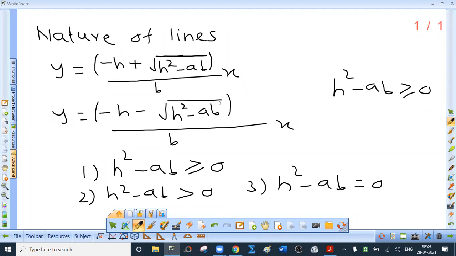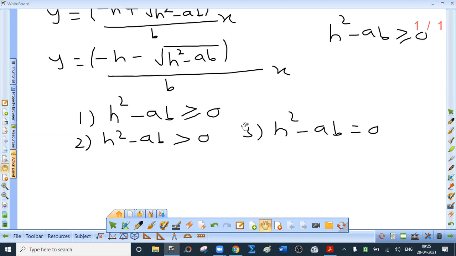Lines will be real and coincident if h square minus ab equal to 0. Because in that case, what will be the first line? If this part is 0, first line will be y equal to minus hx upon b. What will be the second line? Same, y equal to minus hx upon b. That is why I'm saying that lines are real and coincident, one and the same, if h square minus ab is nothing but 0.